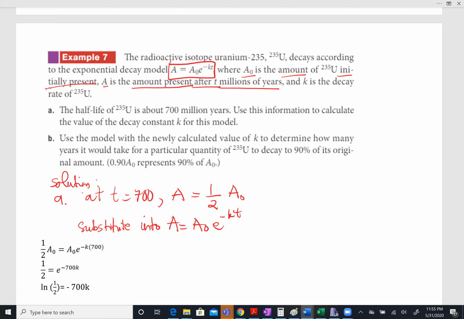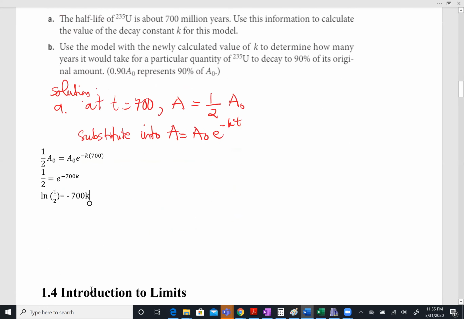I need to divide both sides by negative 700. So I have ln 1/2 divided by negative 700 equal to k.